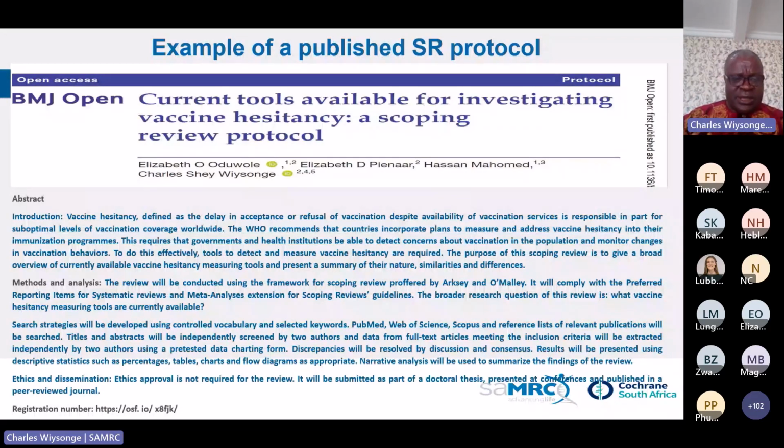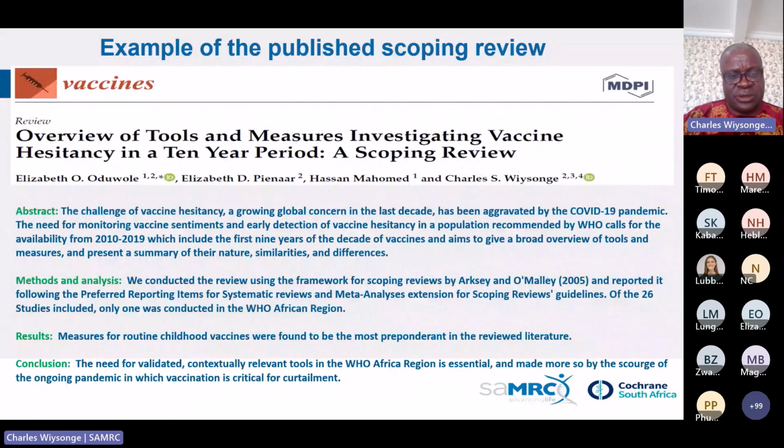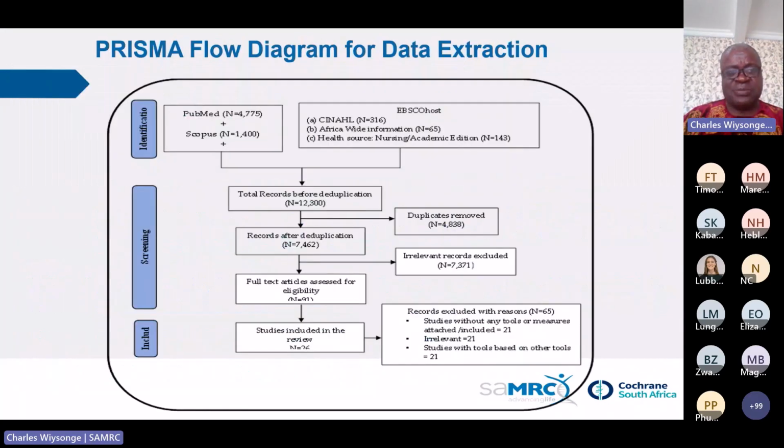And what she did there was the review would be conducted using the framework for scoping review preferred by Arksey and O'Malley, which I presented here, and it would be reported using the Preferred Reporting Items for Systematic Reviews and Meta-Analyses extension for scoping reviews. And that is what she eventually did, where she conducted the scoping review of the tools available for measuring vaccine hesitancy. And this is just a snapshot of the first page of that review as published.